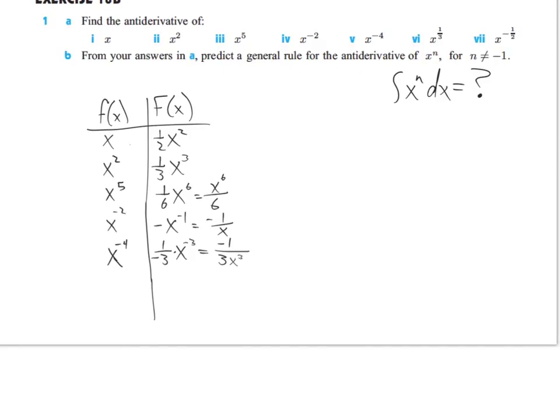How about x to the 1/3 power? 3/4 times x to the 4th. Nice. So x to the 4/3 divided by 4/3: you flip and multiply, so it's times 3/4. And how about x to the negative 1/2?